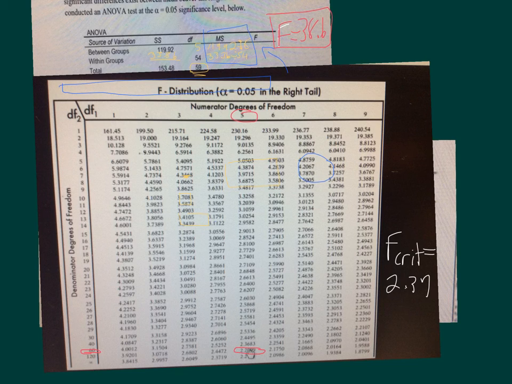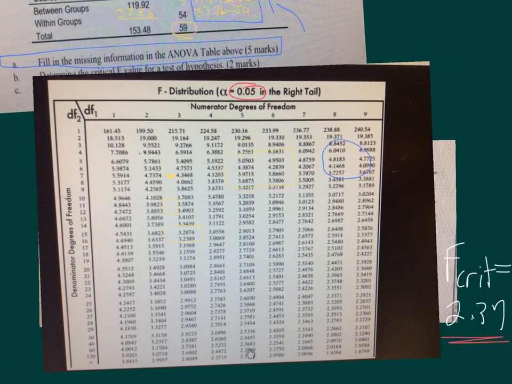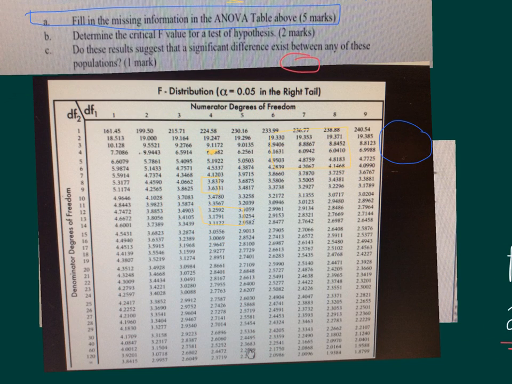We have a 38.6 F statistic, so we're really in the extreme region for this curve compared to the F crit of 2.37. Looking at the question, do these test results suggest that a significant difference exists between any of the populations? The answer in this case would be yes, because we had to reject the null, which is that there's no significant difference. So it does seem to suggest that there is a significant difference between the populations.